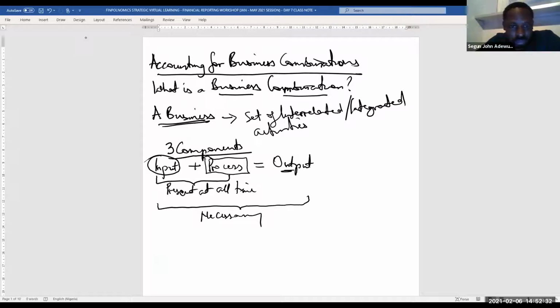And that could mean the experienced personnel of the company and other factors that are needed to transform the inputs into the desired output. Can you demonstrate it in practical terms?